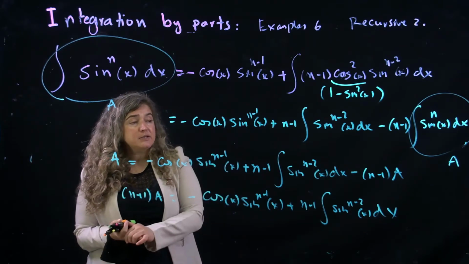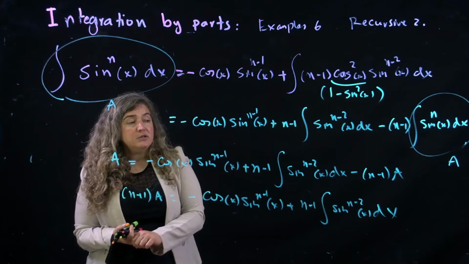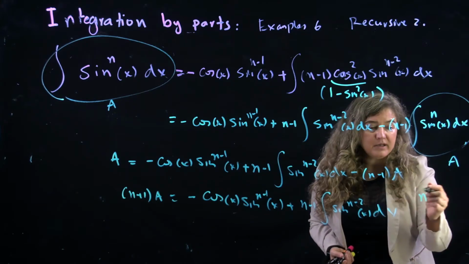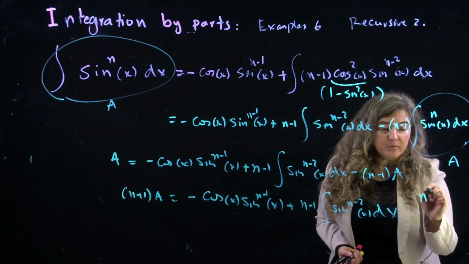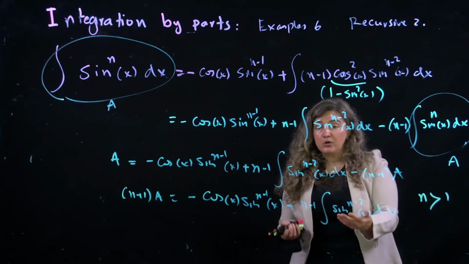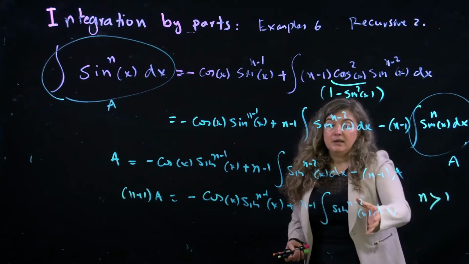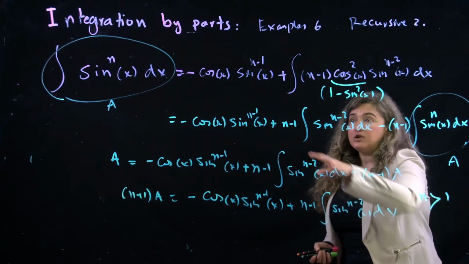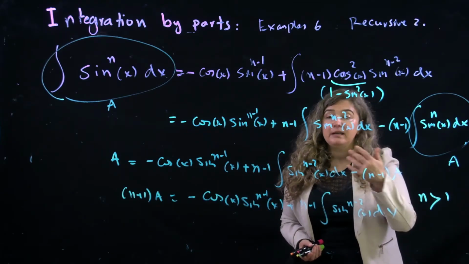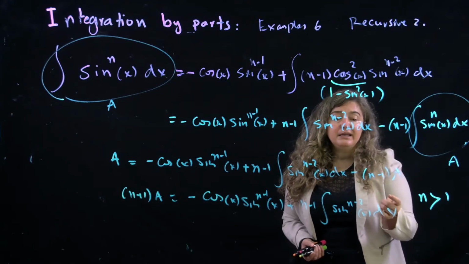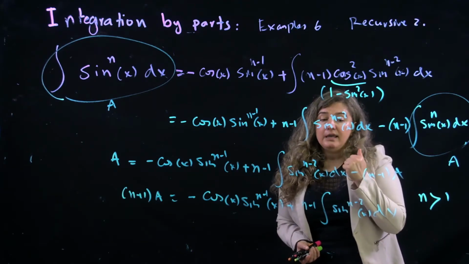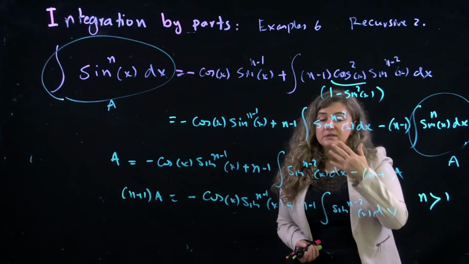And so when the exponent decreases by 2, for n bigger than 1, n minus 2 is a little smaller, and I can recursively find this integral using the same method and same formula, and decrease the degree by 2, and then by 2 again, until I either hit 0, so sine to the power 0 of x, or I hit 1, which is sine to the power 1 of x.